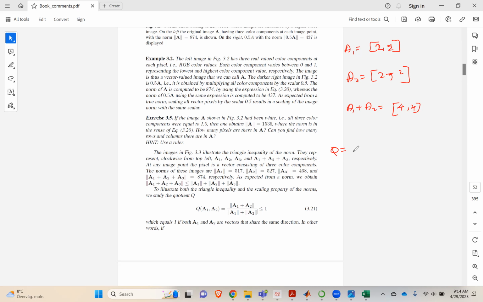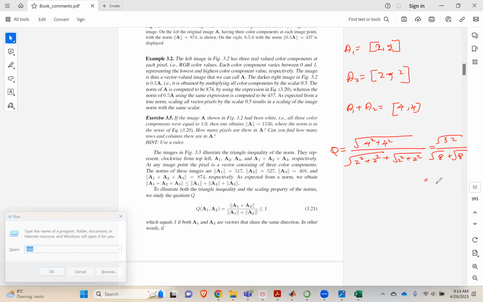The above part comes to square root of 4 squared plus 4 squared, which is square root of 32. The down part comes to square root of 2 squared plus 2 squared, which is square root of 8, and 8. Am I right?